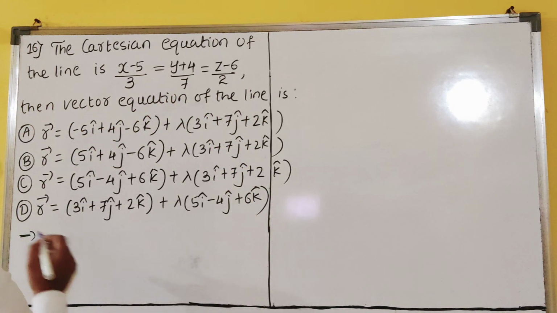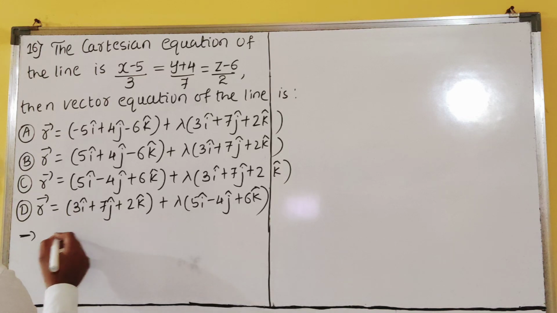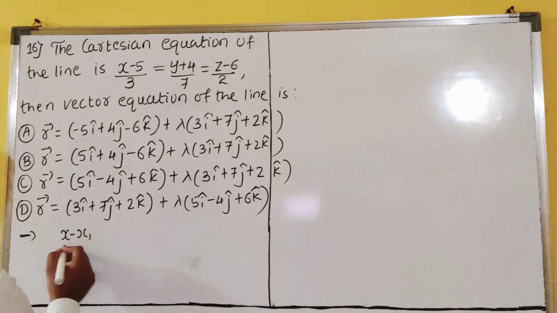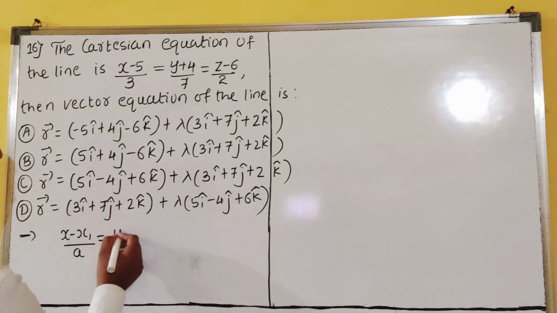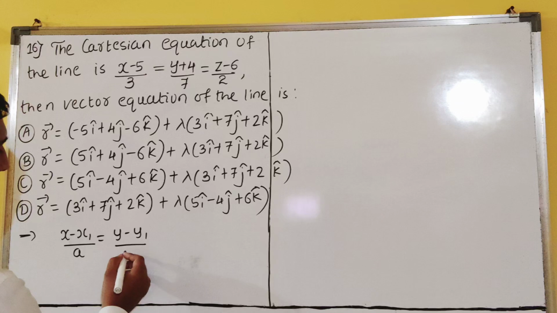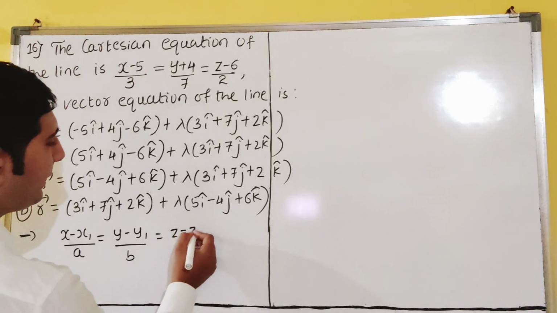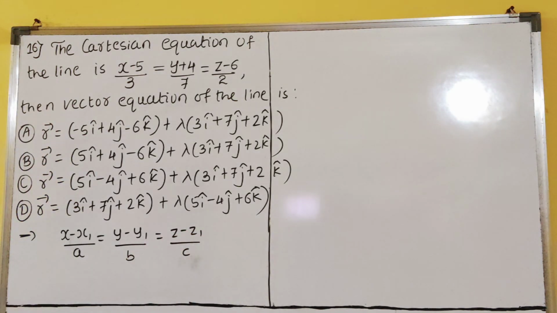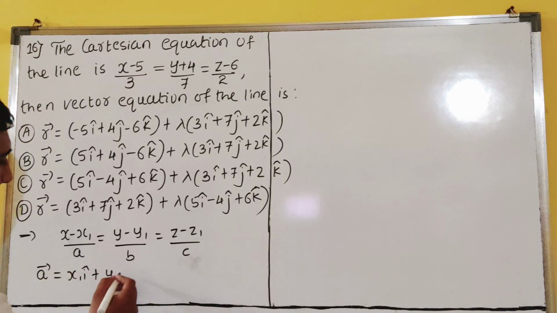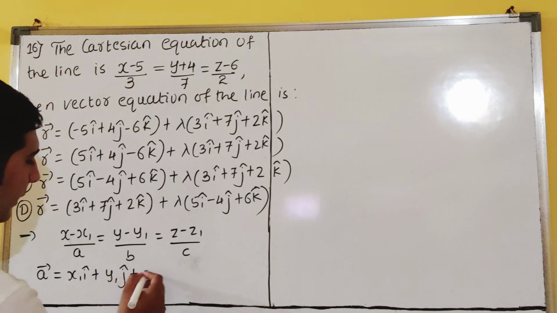Cartesian equation is given. See here, dear students, this will be in the standard form, like this we will write. Cartesian equation standard form: (x minus x1) by a, (y minus y1) by b, (z minus z1) by c. So now see here, vector a is nothing but x1 i cap, y1 j cap, z1 k cap.